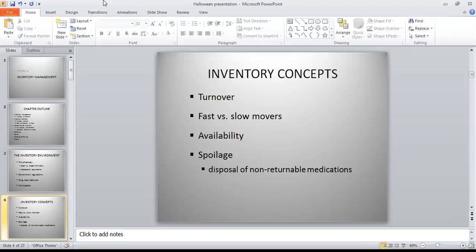This is not just your behind-the-counter drugs, but drugs like, say, Accutane, where the availability is based on the willingness of the patient to sign certain agreements. In terms of Accutane, they have to sign an agreement that they will not, A, become pregnant if they're female, and if they're sexually active, they will be using two forms of birth control, one of which should be a barrier method and the other chemical.